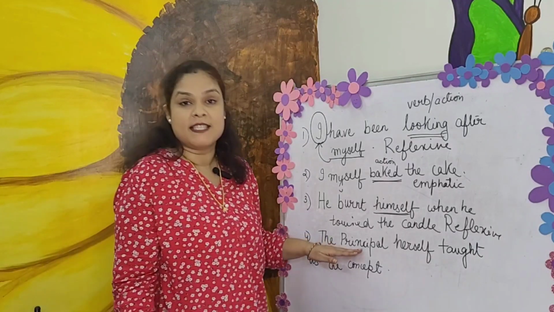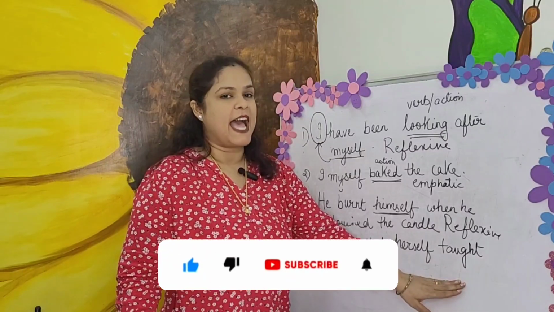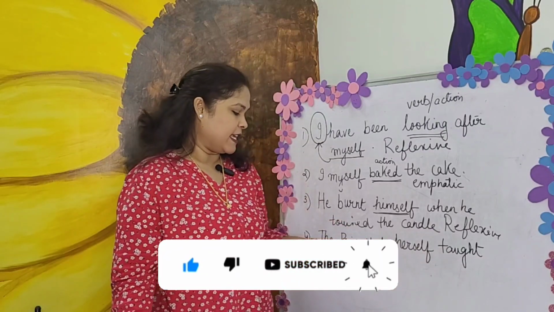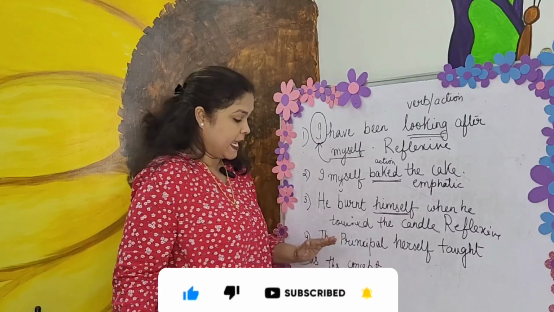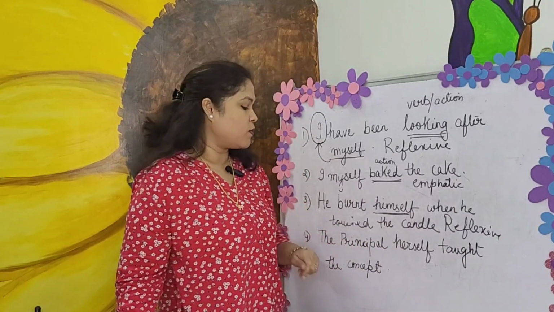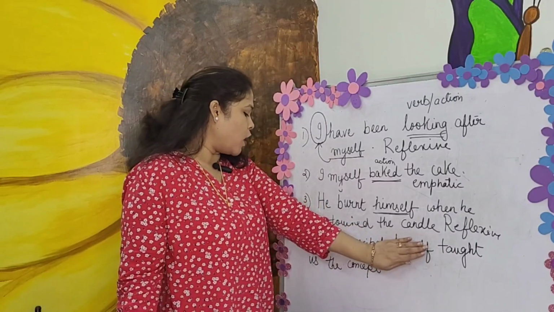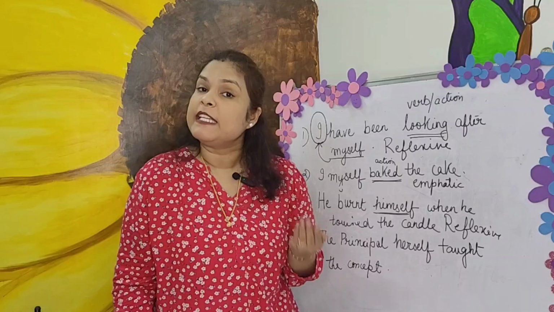Okay. Last one, the principal herself taught us the concept. The principal is the subject. Taught is the action or the verb. We can see the herself is placed just after the subject. Emphatic pronoun, checkpoint 1. Number 2, if I erase this, the principal taught us the concept. It's giving a complete meaning.